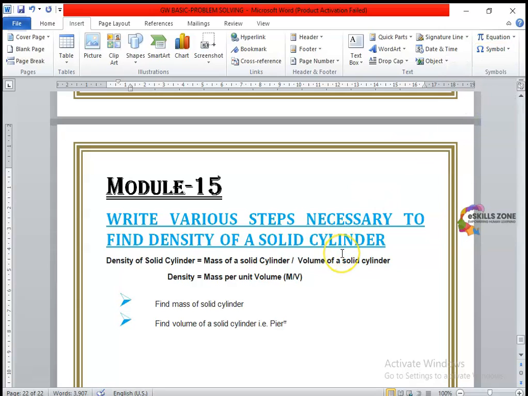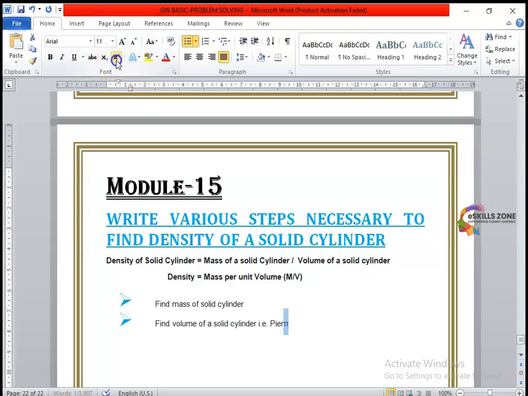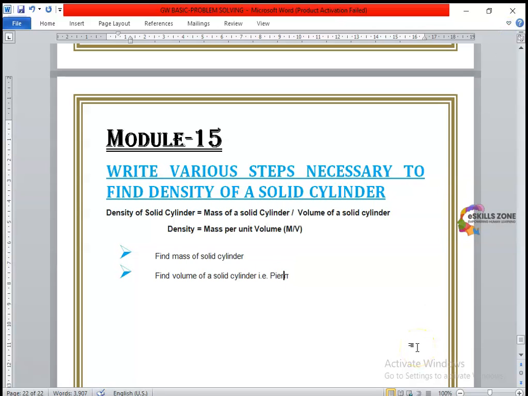Here is the pi value. You can insert the pi symbol from the symbols menu, and we can use this pi symbol instead of writing the word pi. Pi is a constant value. We're going to write here pi r square h.